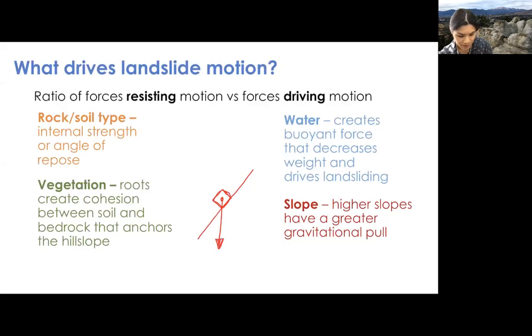And we could separate this gravity out into two components, right? Two vectors of gravity, one that is parallel to the slope of the hill slope and one that is perpendicular to it. And the steeper the hill slope is, the stronger this force parallel to the hill slope is going to be. And it's this force that is pulling the material down, right?